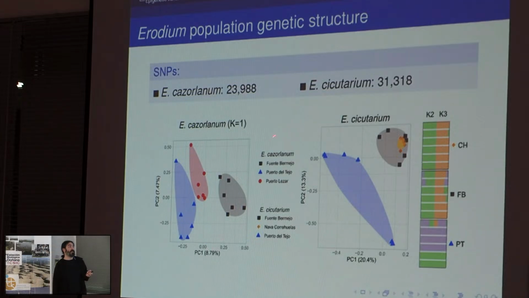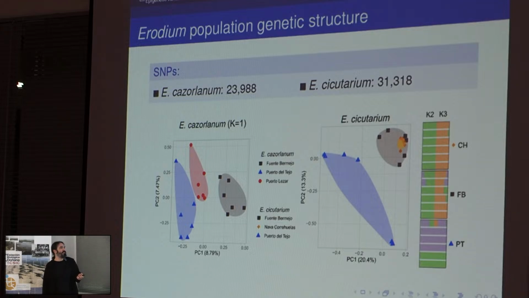And the admixture analysis revealed that the most valid K for these populations was 1. That means that all of these would be the same population. So it seems that there's not a strong, or not at all, genetic structure in Erodium Cazorlanum in this population.